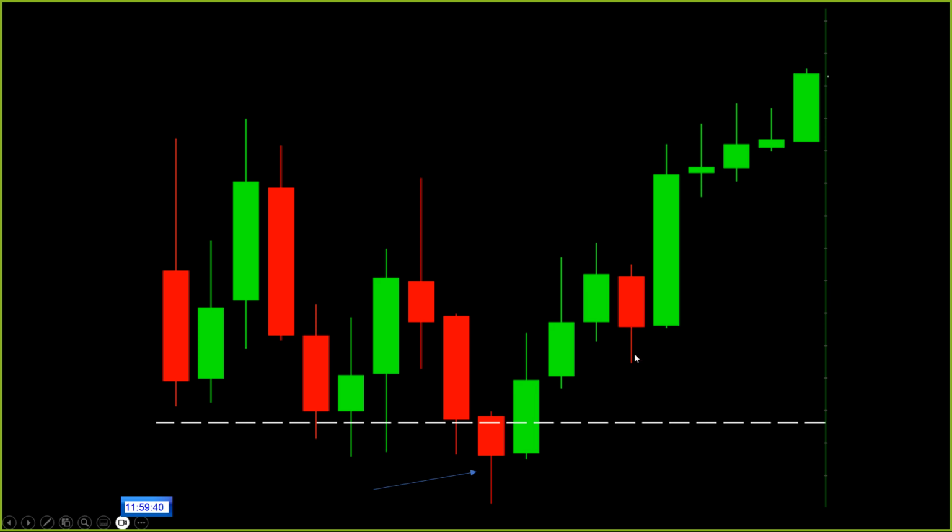Just because it has a wick to the bottom, it's not longer than the body. So you still wait for the next candle to print. Look, bam, we make a higher high. This thing's continuing to go. The price action is going to tell you when it's time to get out and when it's time to stay in the trade. That's what the price action is going to do.